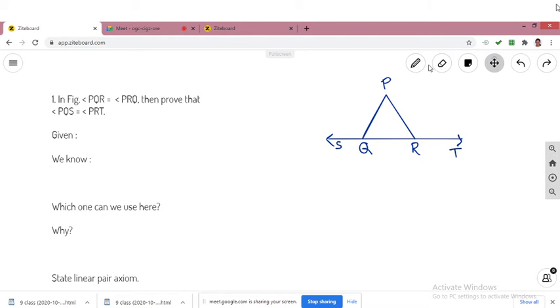Now, in this figure, angle PQR is equal to angle PRQ. So, we need to prove that angle PQS is equal to angle PRT.